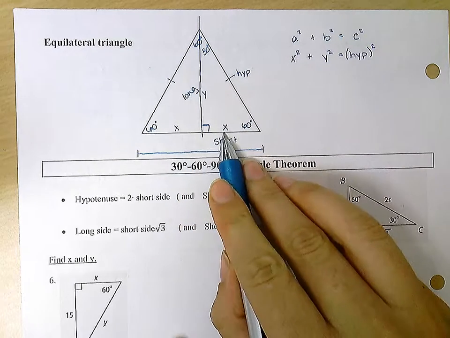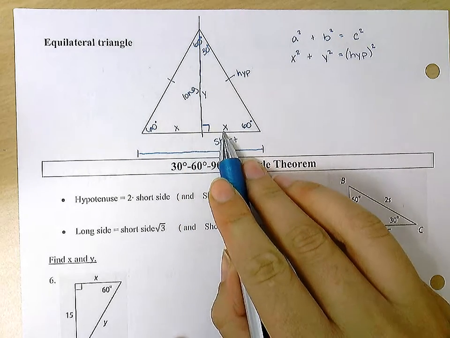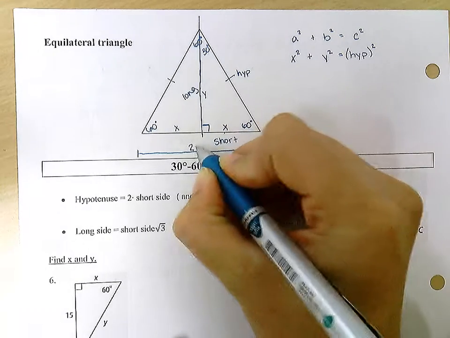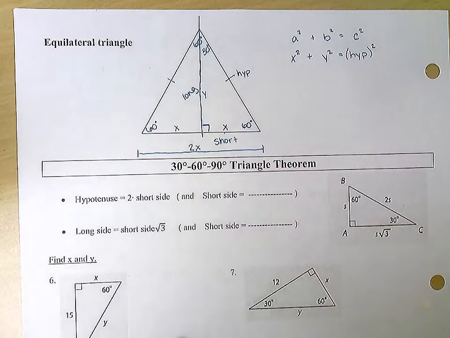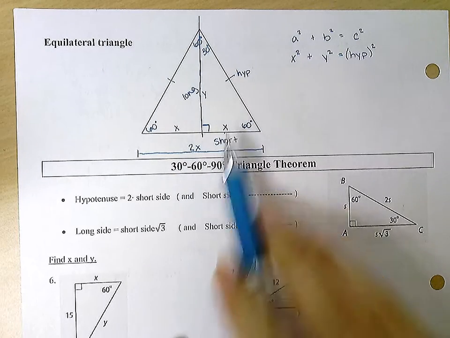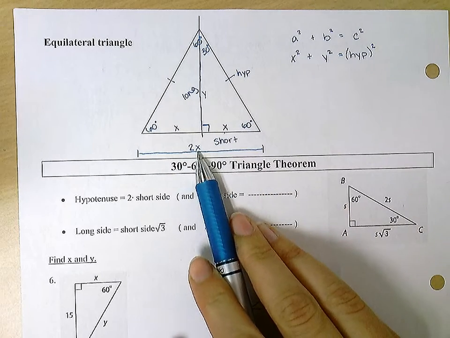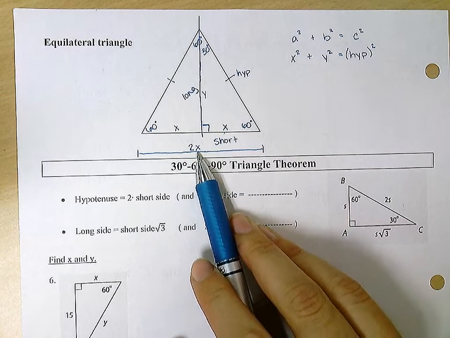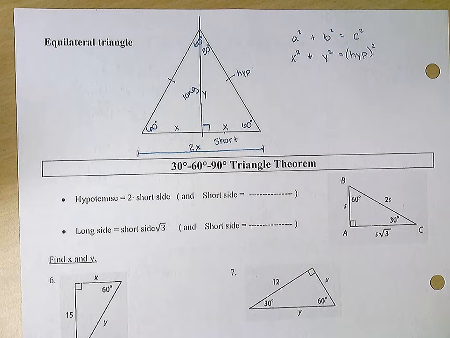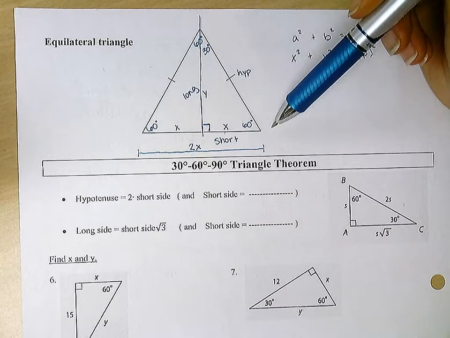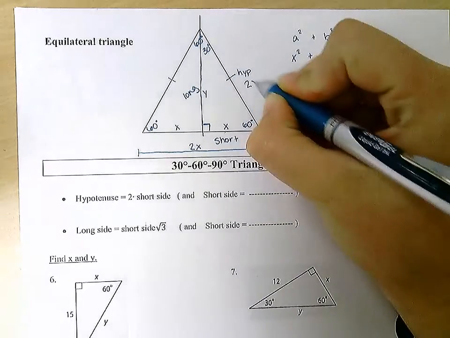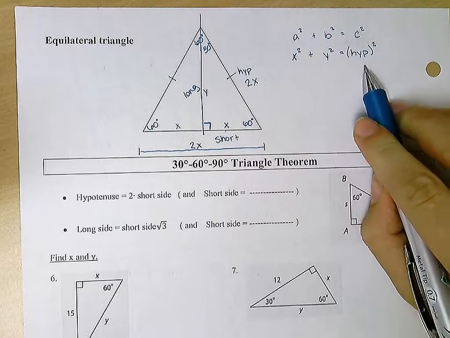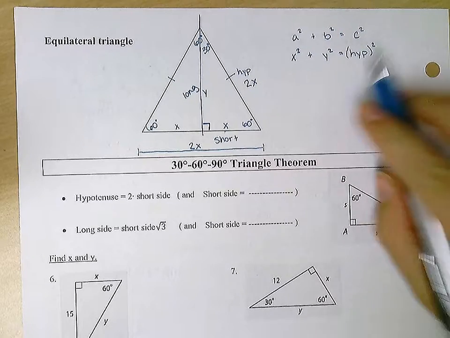If I add x plus x, it would be 2x. So here, that entire side is 2x. Now, before when we started with that equilateral triangle, you said all of the sides were equal. So what does that mean the hypotenuse has to equal? 2x. So instead of hypotenuse, I'm going to label this as 2x.